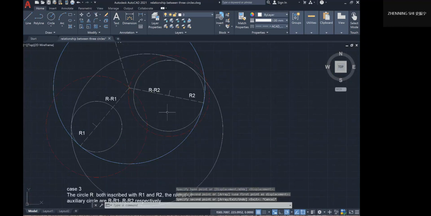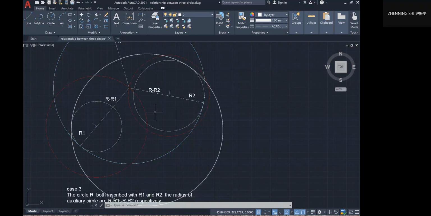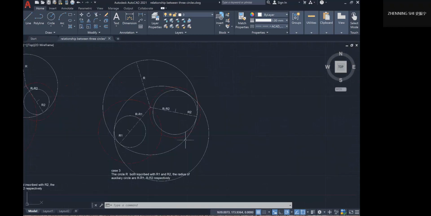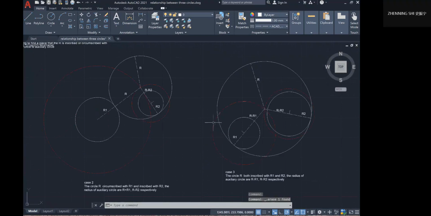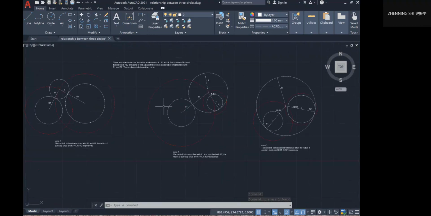So you can see this point and this point are the tangent points with the three circles. It is the basic knowledge about how to draw the complex shape with many circles, like the hook before.